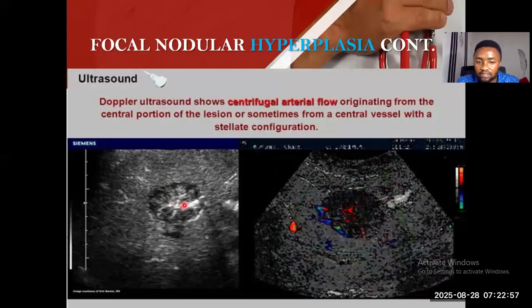Have you seen the central stellate scar, the white inside? That is why we are saying it presents with variable echogenicity. But adenoma doesn't present with variable echogenicity. It is subtle. It looks like the liver parenchyma. Do you understand the few differences between them?